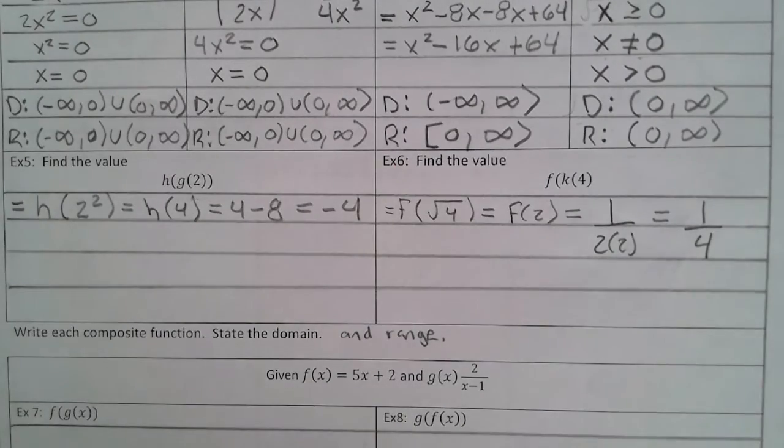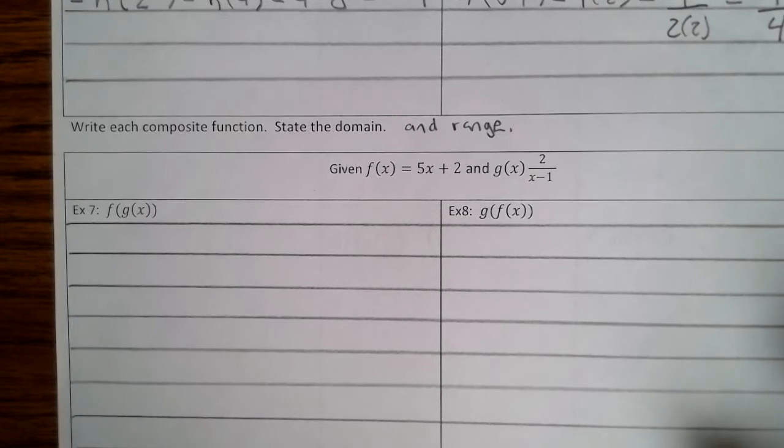All right, write each composite function, state the domain and range. Okay, so now we're doing f of g of x. Now, f of x and g of x are different now in 7 and 8.